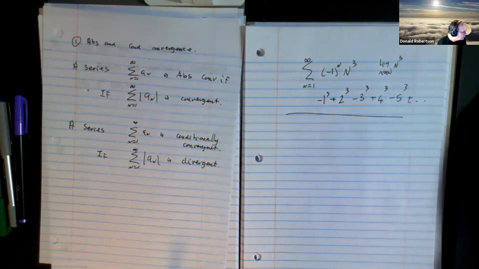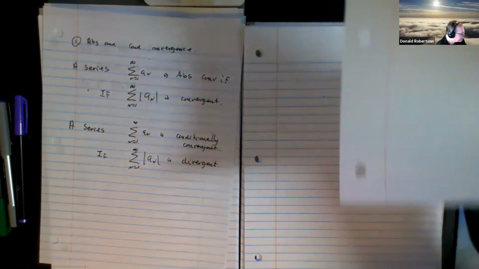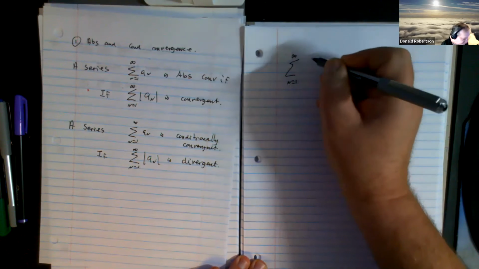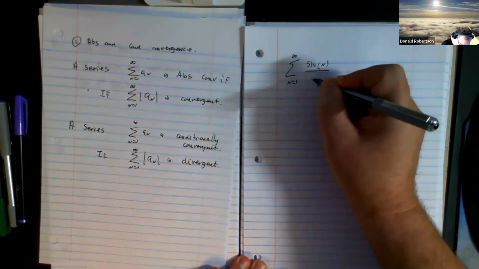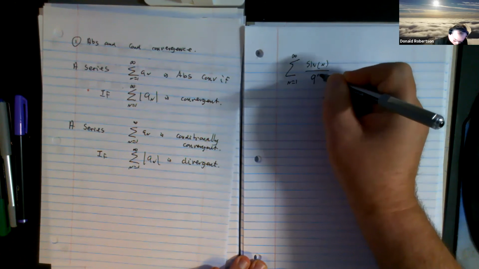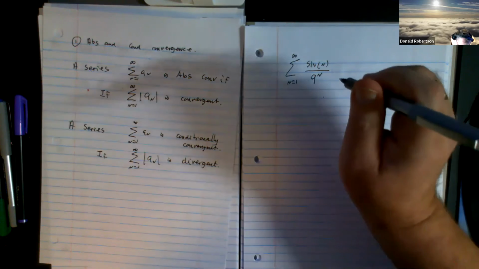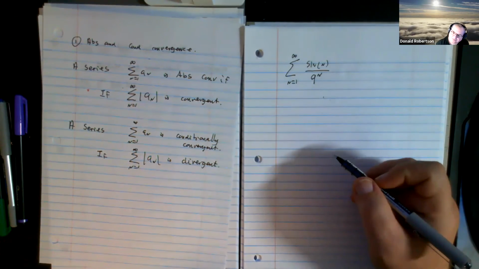Right, let's see if we can find another one. Oh, this one's sneaky. This one randomly has negative values in it.